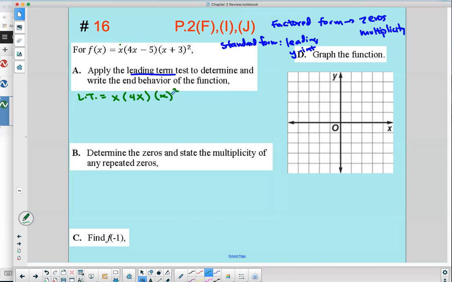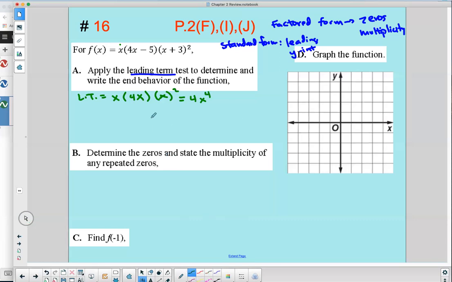Anything that has an x, you multiply through. So x times 4x times x squared, I'll have a total of how many x's? I see right now it looks like 3, but one of them is squared. So it'll be a total of 4 x's. So this is 4x to the 4th.